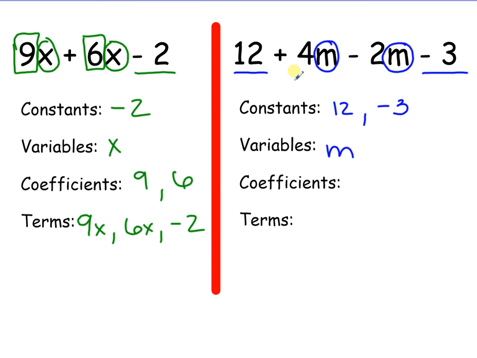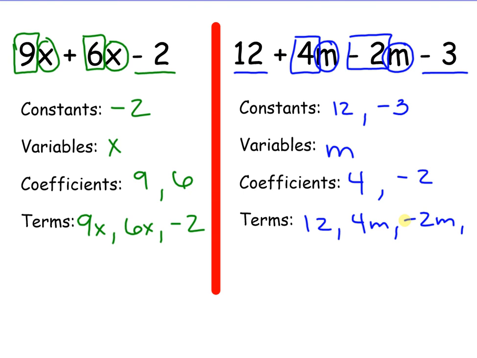And now we're going to look for our coefficients. So we have 4, and in this case we have negative 2. So let's list out all of our terms one last time. So we have 12, we have 4m, we have negative 2m, and we have negative 3.